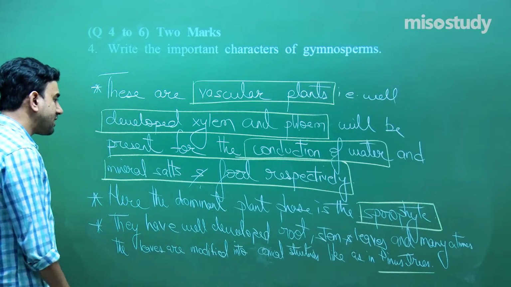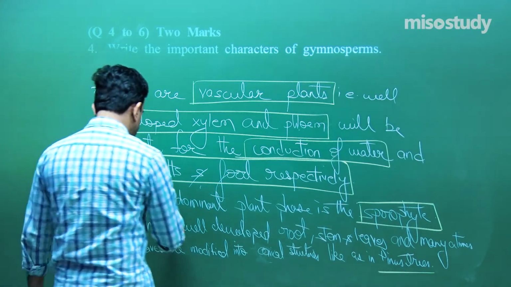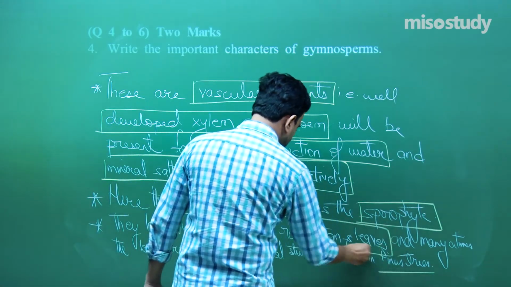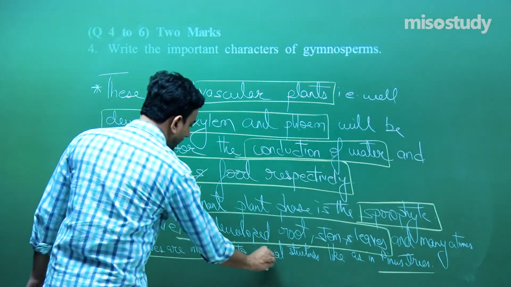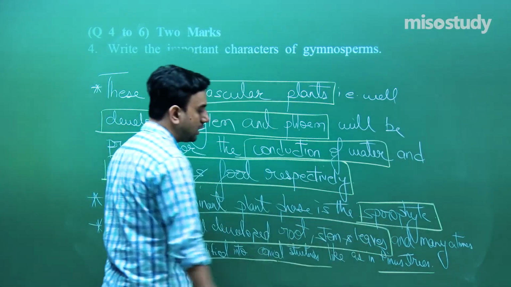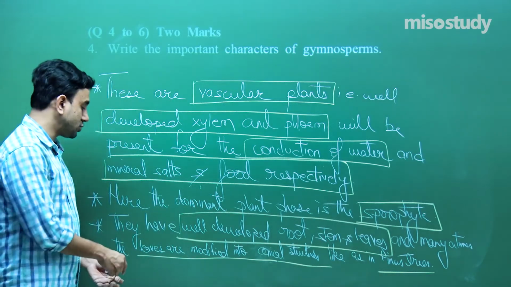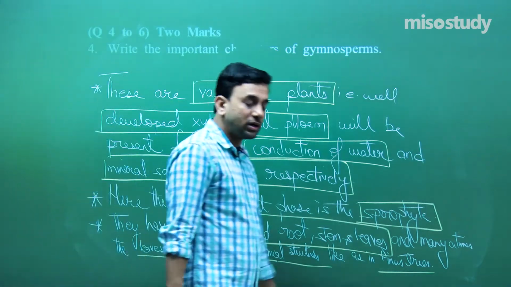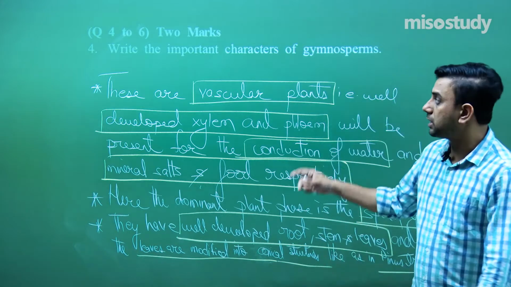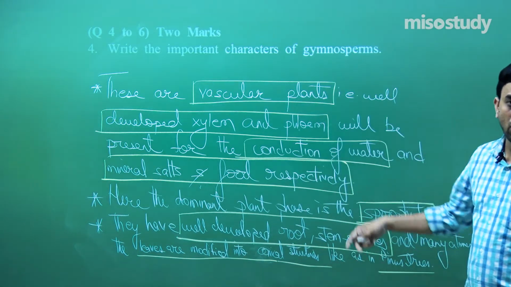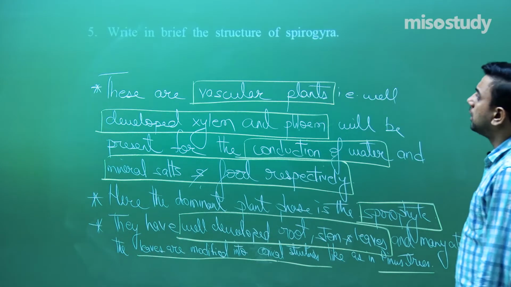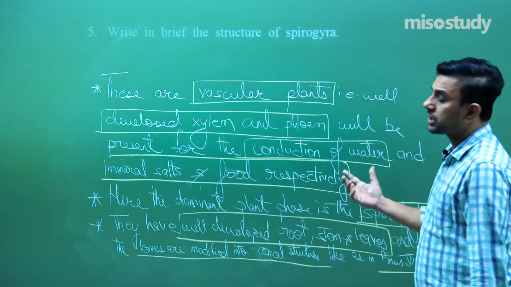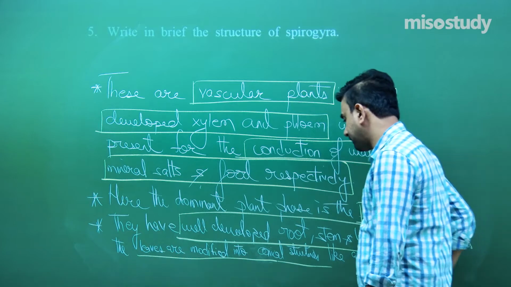Here the dominant plant phase is a sporophyte. They have well developed root, stem and leaves, and many a time the leaves are modified into conical structures like in the pinus trees. So, these were the important characters of the gymnosperms, and now we will be moving on to the next question: write in brief the structure of Spirogyra.